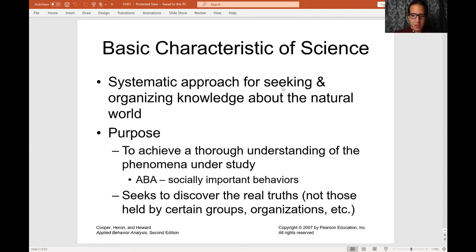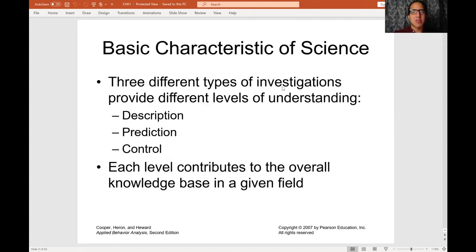Okay, moving on. The three different types of investigations provide different levels of understanding. So the three levels of understanding are description, prediction, and control. Now, each level contributes to the overall knowledge base in a given field.